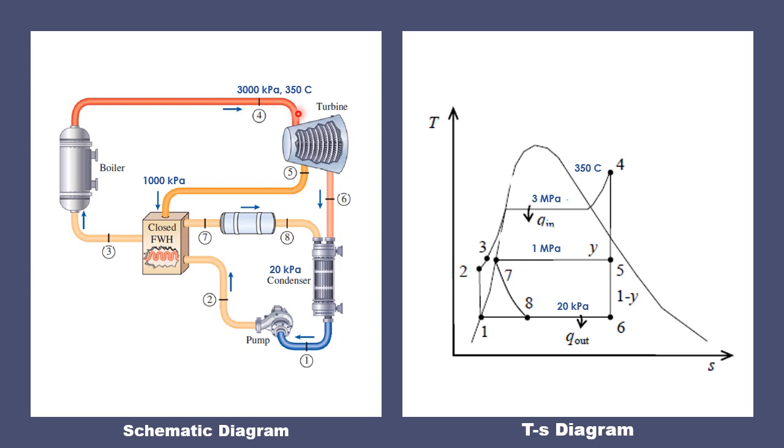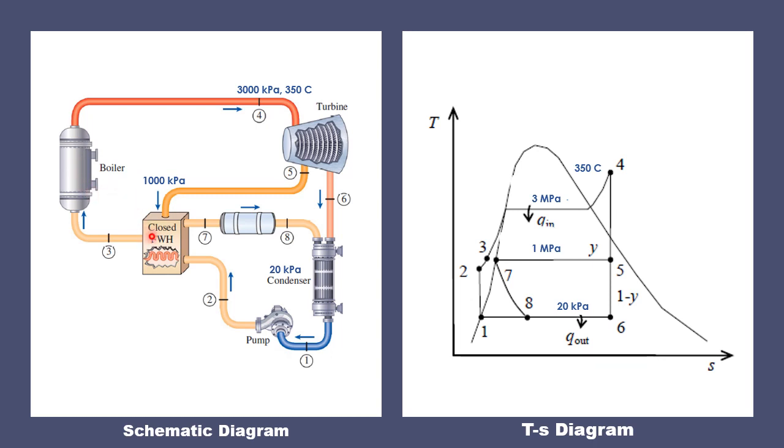So we have 6 important components here. We have the turbine that produces the work. We have the condenser that rejects the waste heat. The pump that requires work input. We have the boiler that generates the heat.